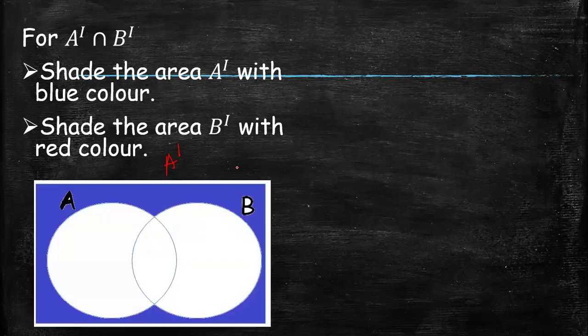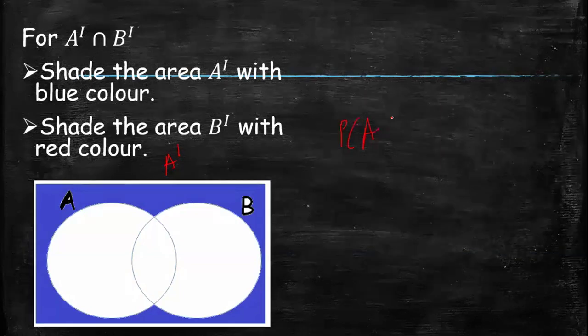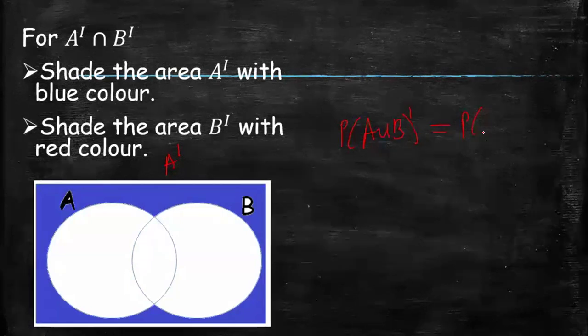So we now come to the conclusion that the area that has double shading is the area outside the two sets. In other words, that is going to prove to us that probability of A union B complement is equal to probability of A complement intersection B complement.